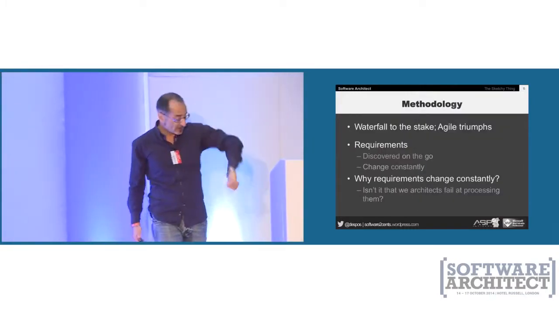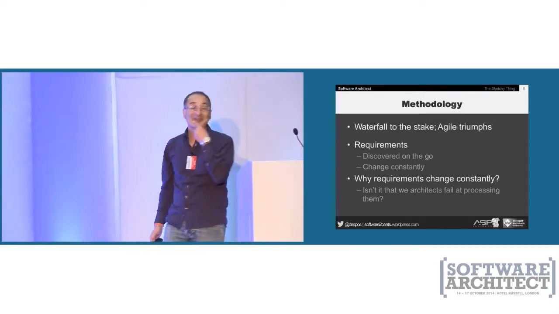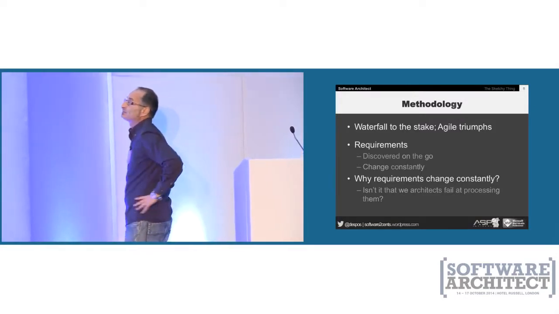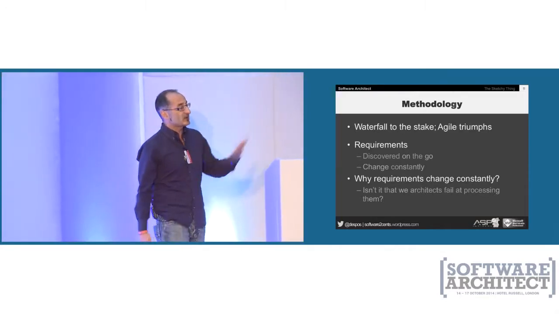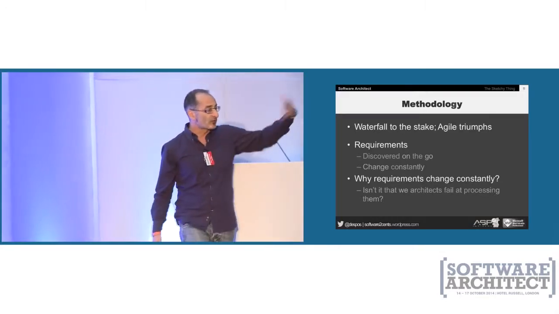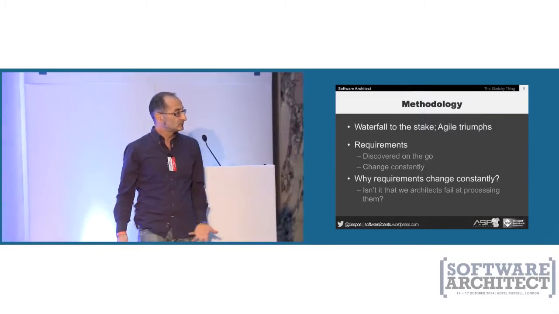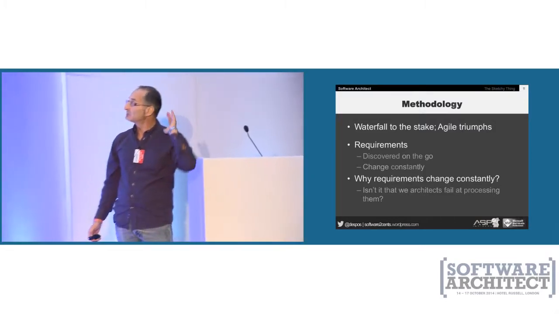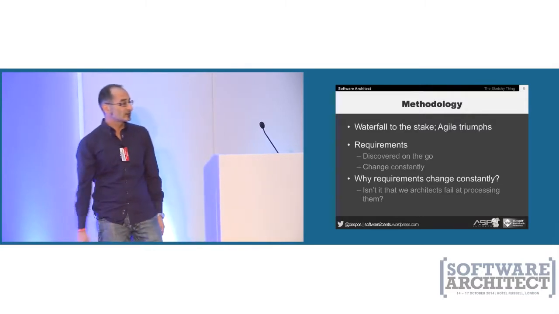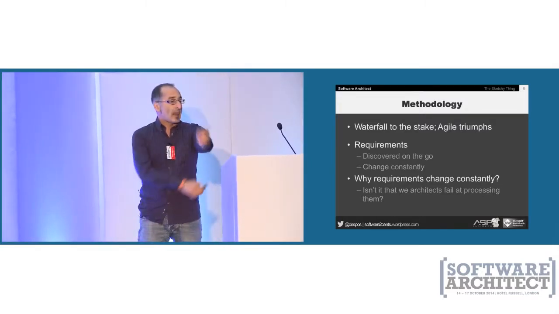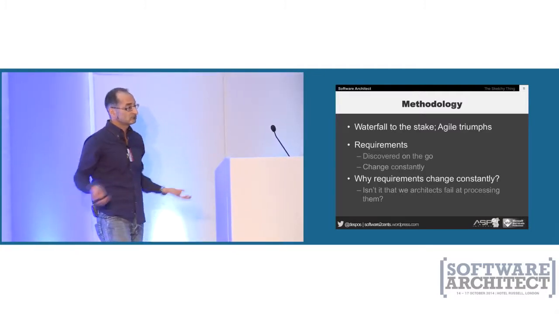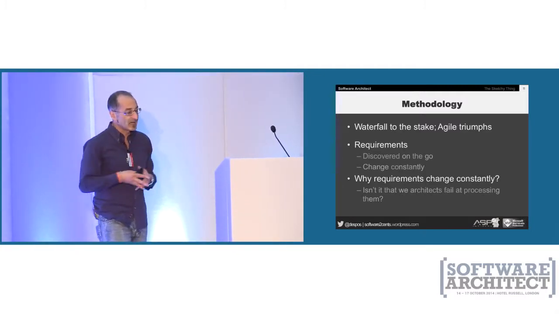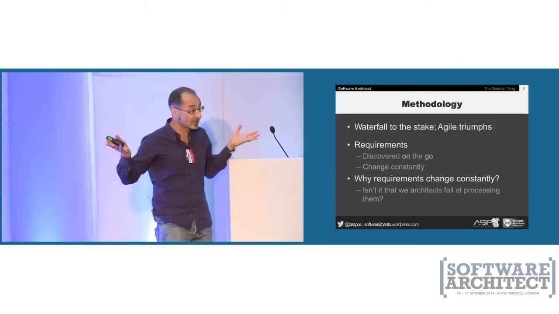Okay, let's talk about overall methodologies for projects. We observed in 10 years at least the waterfall model go to the stake, burned to the stake, and agile gain the limelight. I have nothing, of course, against agile.